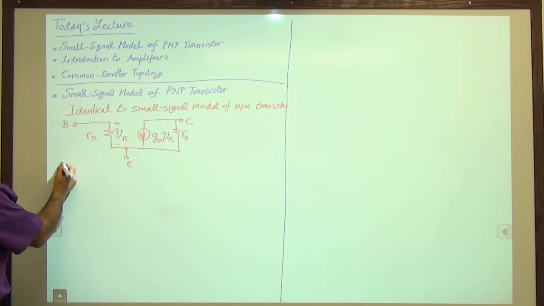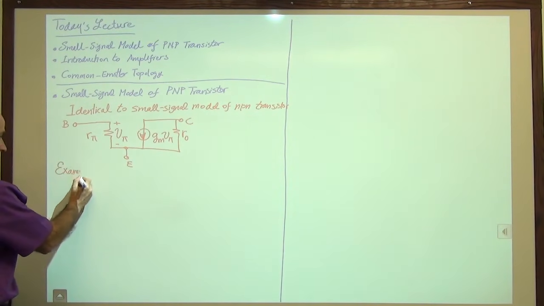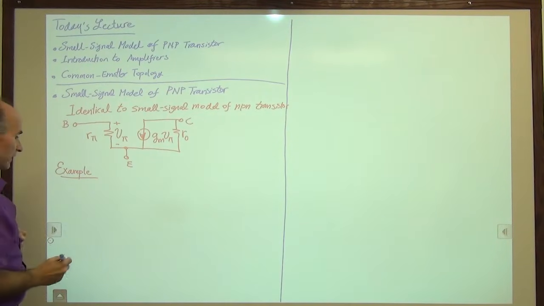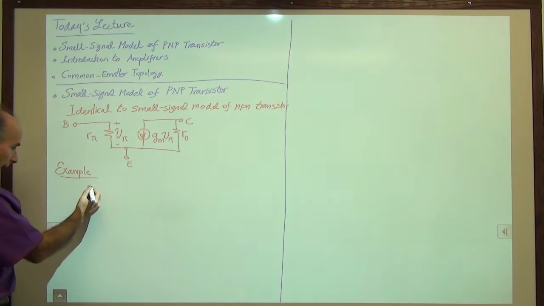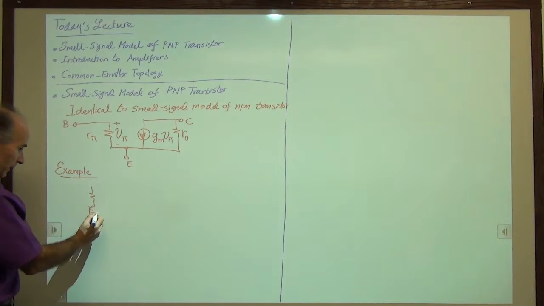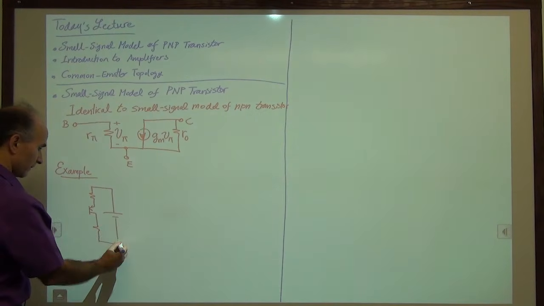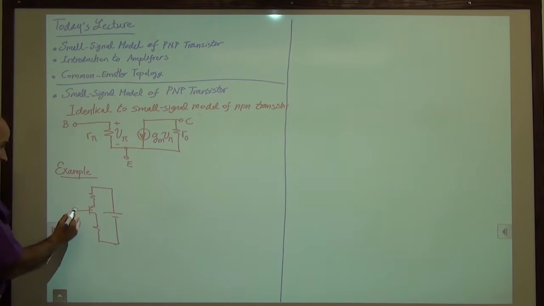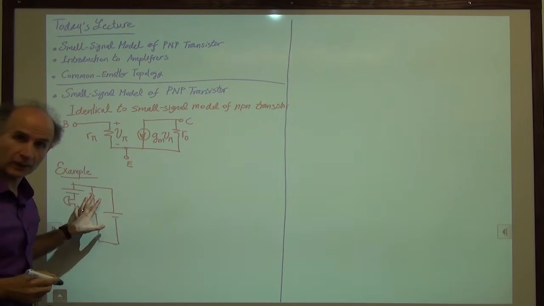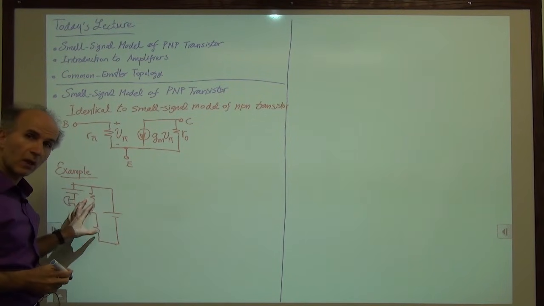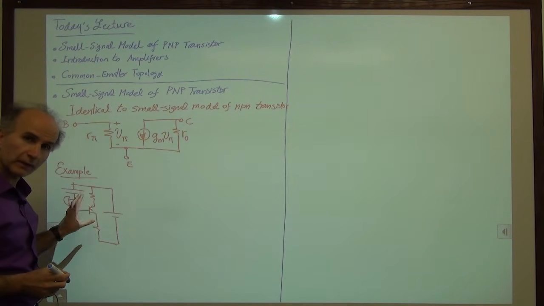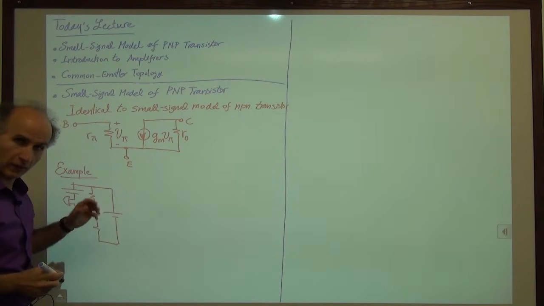So, as an example, let's consider a little circuit here. We have a PNP device like so, and there's a microphone signal here, and there's a battery here. We don't understand the details of the circuit, and that's fine. We're just trying to draw the small signal equivalent circuit of this amplifier or this topology.